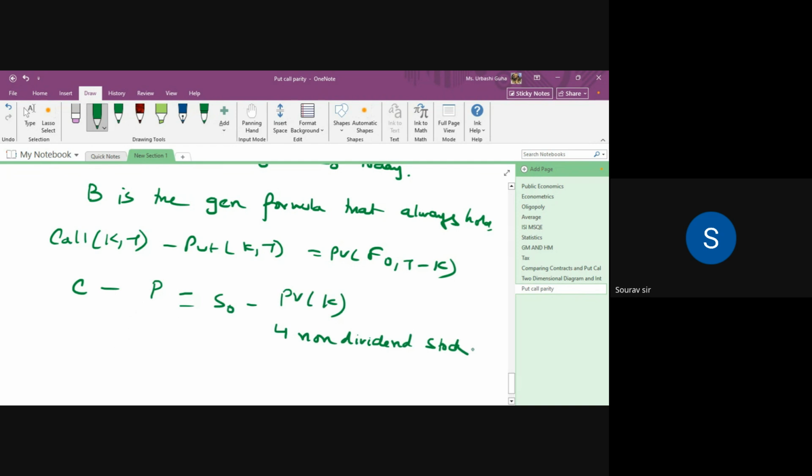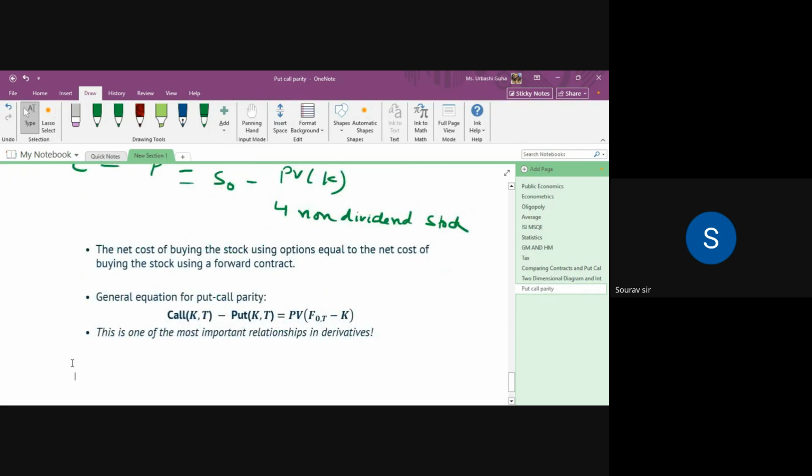Okay. Next, put-call parity. This formula we have already discussed. The next slide consists of the net cost of owning a stock, correct? So here the general equation is one of the important relationships in derivatives.